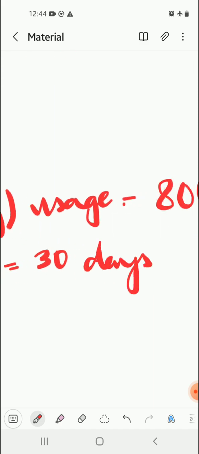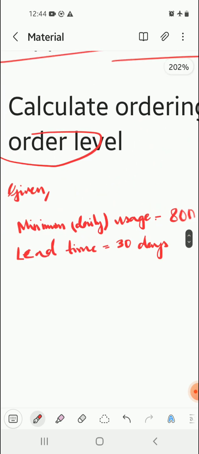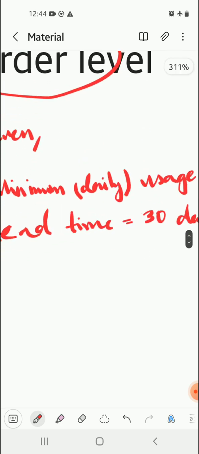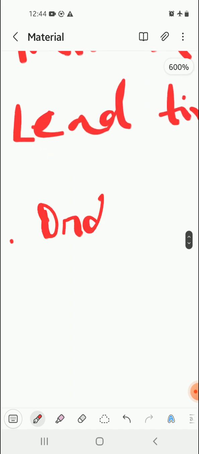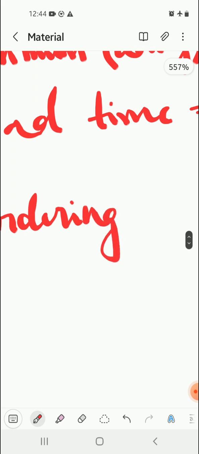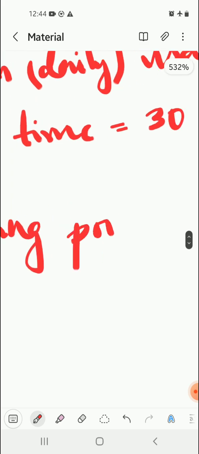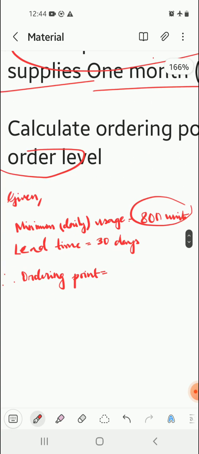Now if you apply the formula of the ordering point, you have to find the ordering point. Therefore, the ordering point will be the product of these two things. Ordering point equals 800 units, that is our minimum daily usage, and the lead time of 30 days.